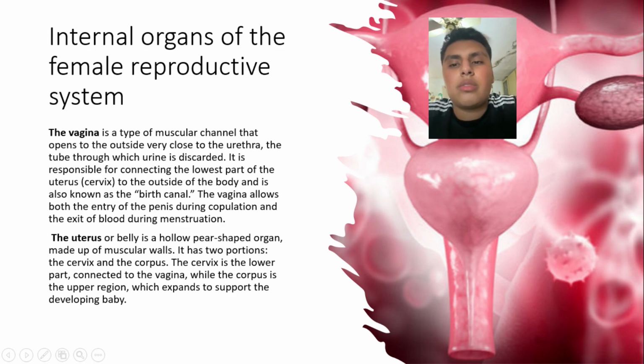The uterus or womb is a hollow pear-shaped organ made up of muscular walls. It has two portions, the cervix and the corpus. The cervix is the lower part connected to the vagina, while the corpus is the upper region, which expands to support the developing baby.